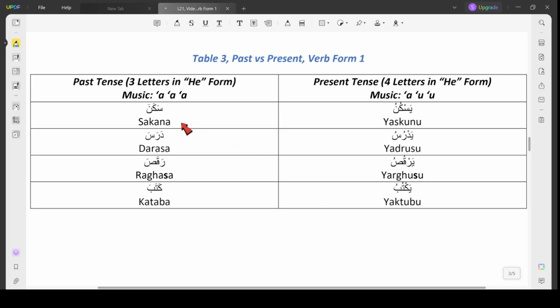First verb, sakana, yaskunu. Next, darasa, yadrusu. Next, raqasa, yarqusu. And the last one, kataba, yaktubu.